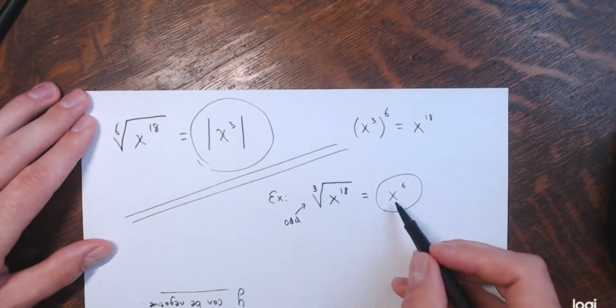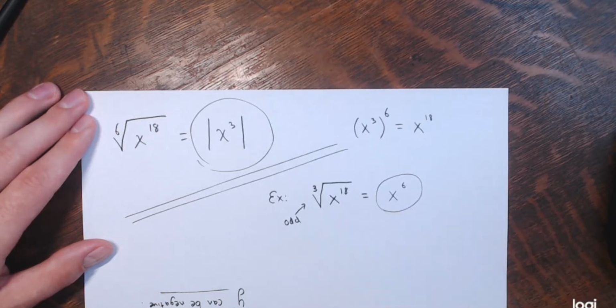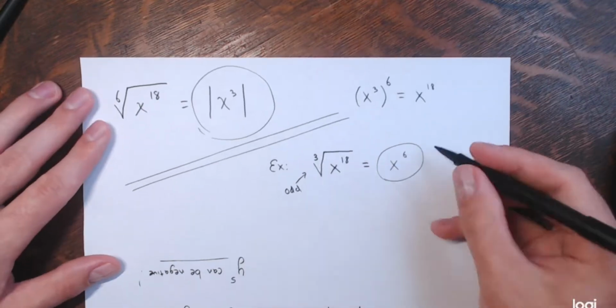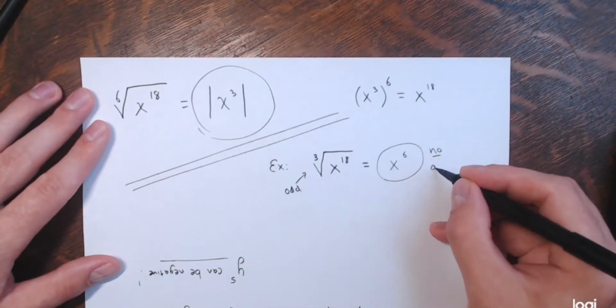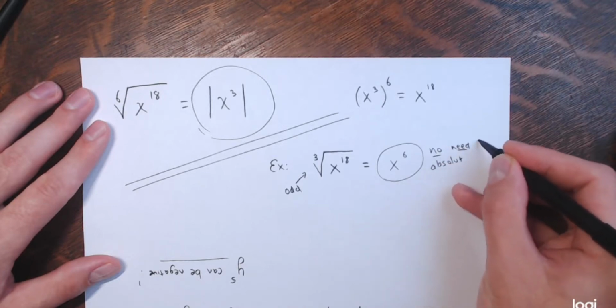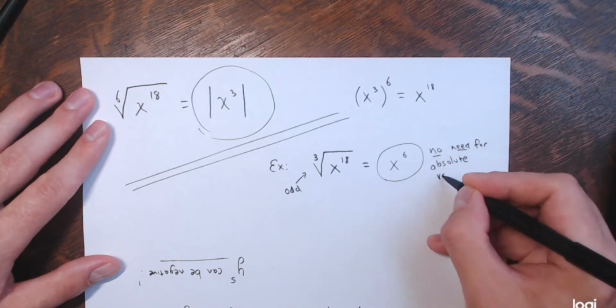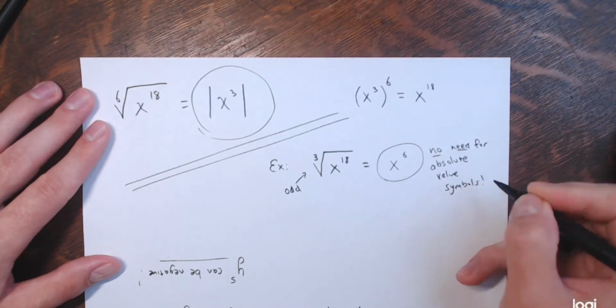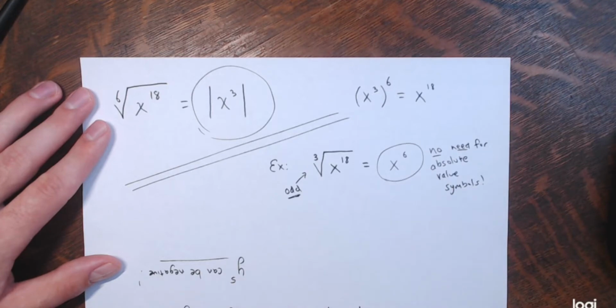Now x to the 6th is always non-negative, but this may be a bad example, but you don't need to throw any absolute value symbols. No need for absolute value symbols with an odd root.